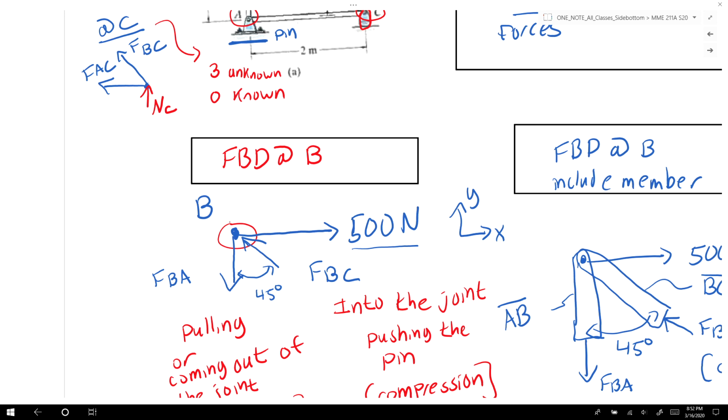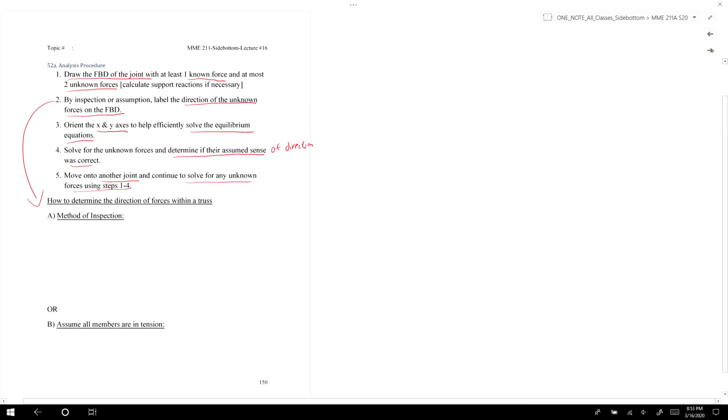There was no way it could counter the 500 Newton force if it was going out of the pin, or going towards the bottom right hand corner of the page. So for that to be true, FBC had to be in compression in order to balance out that force. That's the first method.